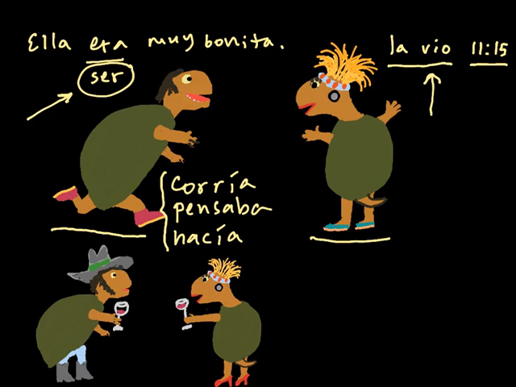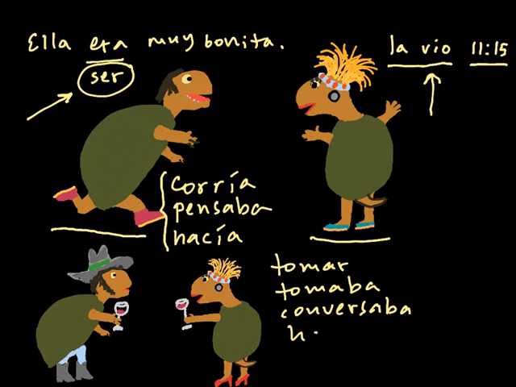While she was drinking, to drink is tomar or beber. So while she tomaba, she was talking, conversaba, or hablaba. Note, all of them would use that aba, the imperfect.